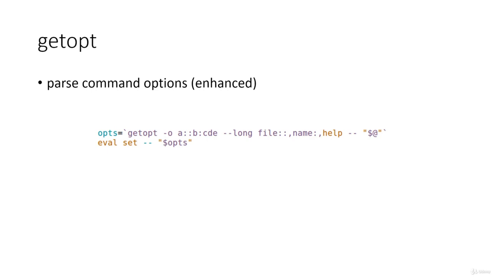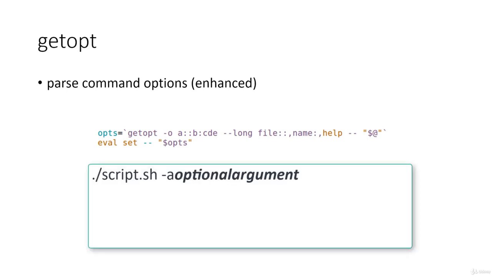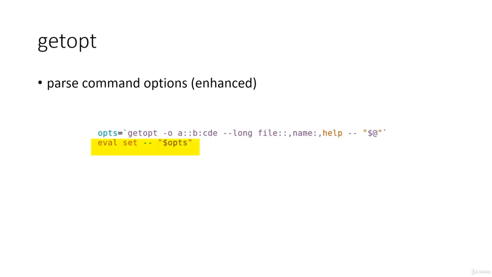When we want to use an optional argument after a short positional parameter, we need to write that argument right after the parameter without any space. And if we want to use it after a long positional parameter, we need to write it right after the parameter, followed by an equal sign. When all positional parameters are specified, using the eval set command, we parse script arguments.